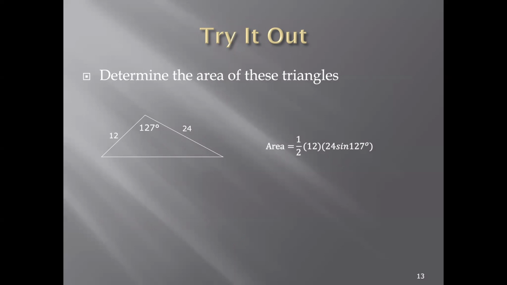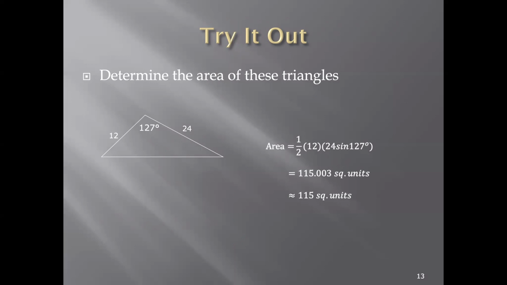Therefore, the final answer will not be affected because multiplication is commutative and associative. So solving for this one, we will arrive at 115.003 square units. Remember that we are solving for the area, therefore our final answer should always be in square units. Or that is approximately 115 square units if we were going to round it off.